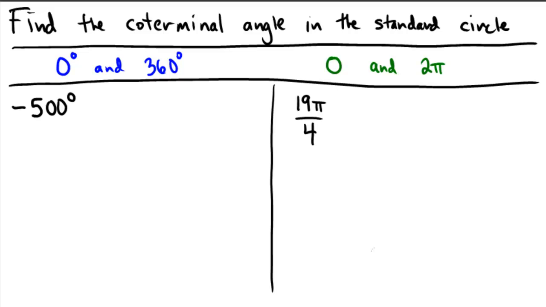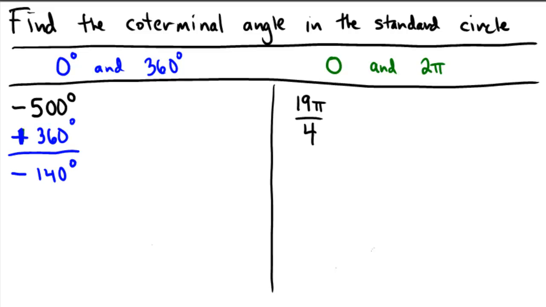Negative 500 degrees is too small. It's not between 0 and 360. So I'm going to take that negative 500 and add 360 to it, so that we are moving one rotation of the circle closer, or becoming less negative. Negative 500 plus 360 is negative 140 degrees.